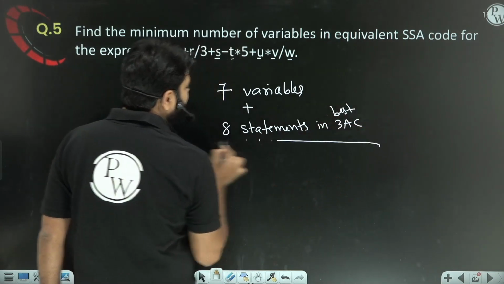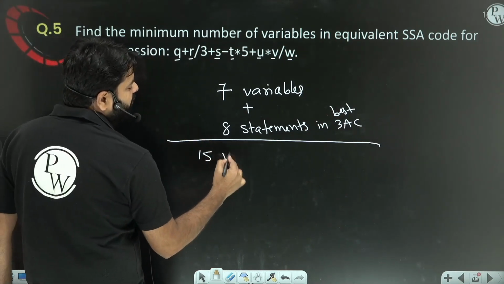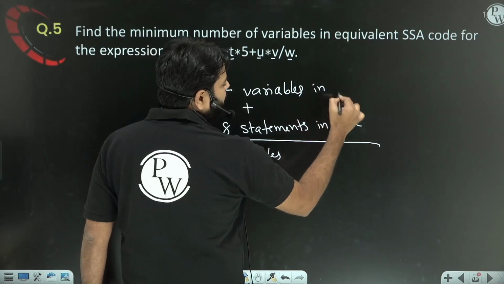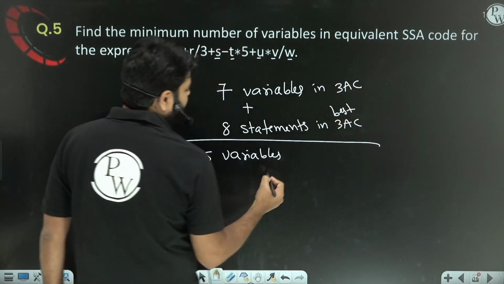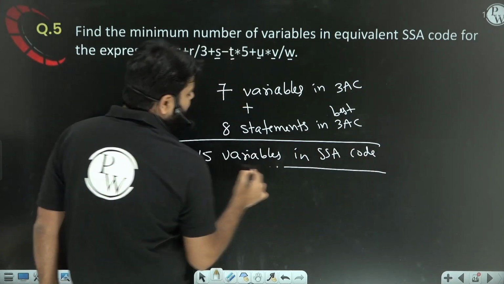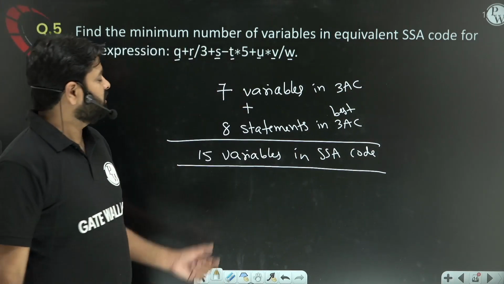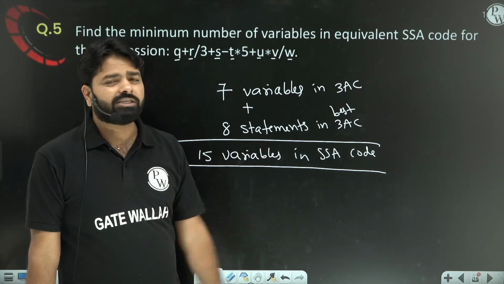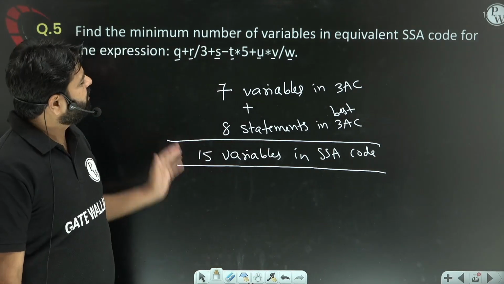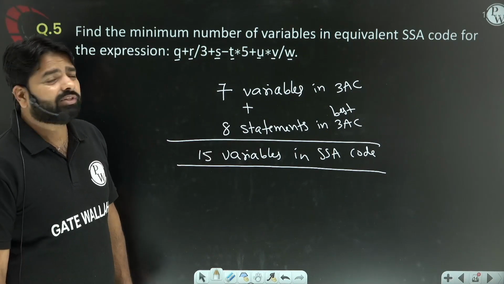So we can conclude that it will be 15 variables in SSA code. This is also in 3 address code, remember. You can always use this concept to answer the minimum number of variables in SSA code. No need to write the 3 address code and SSA code again. So this can be done very quickly without wasting time.